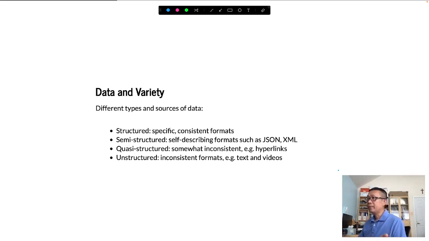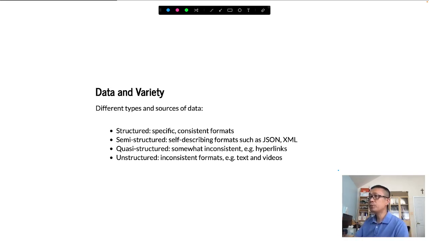So data such as articles written in human language, such as English, or videos posted on YouTube, there's no particular format, no rows and columns that you can follow to identify each element in the data. It takes a lot more computing power and intelligence to be able to analyze that kind of data.